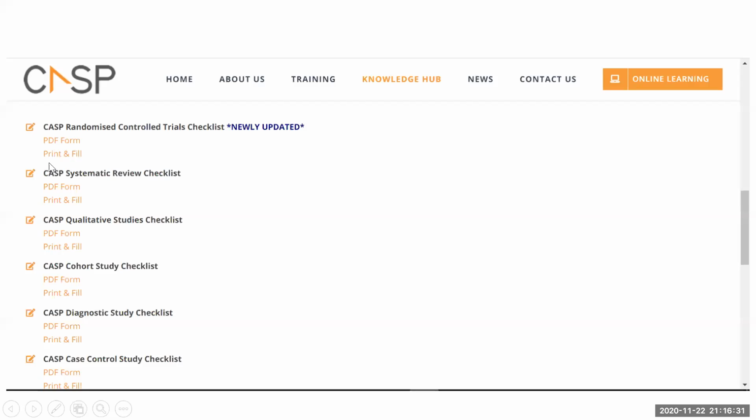For example, we have a CASP checklist for randomized controlled clinical trials, and we have a CASP checklist for systematic reviews, and we have a CASP checklist for qualitative studies, and we have a CASP checklist for cohort studies, and for diagnostic studies, and for case control studies. So there are different types of checklists according to the type of the study we want to critically appraise.